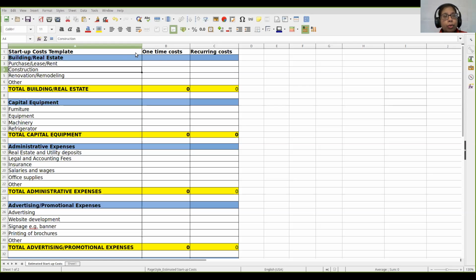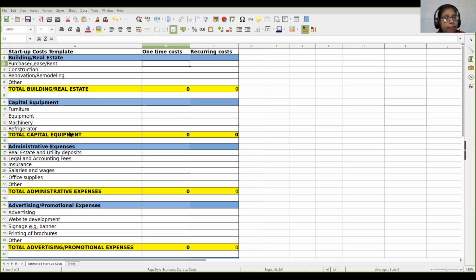Okay, so those you would see on top as well they are split into two categories: one-time cost and recurring costs. One-time costs are those costs that you don't really use or spend money on all the time. It's more or less a one-time expense, okay? So for example, if you purchase a building for your business, this would fall under a one-time cost, okay?